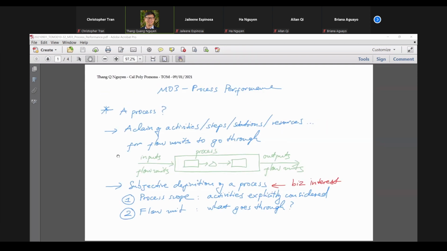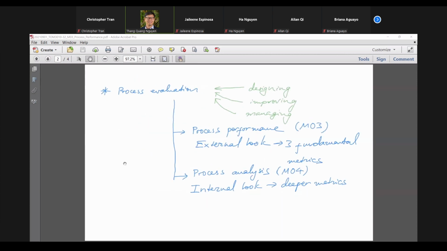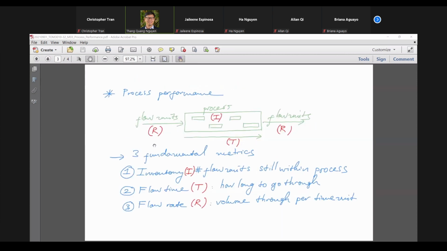Just some conceptual and basic discussion on process evaluation and the three fundamental metrics. Today we move on with the so-called Little's Law. Little's Law is the law that ties the three fundamental metrics together. They are not loose anymore. They are tied together by Little's Law.